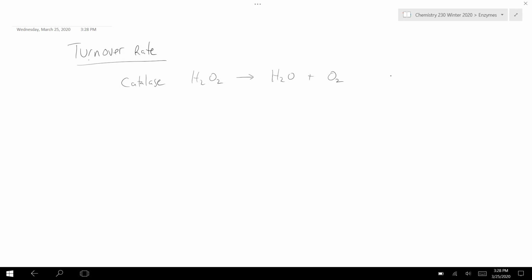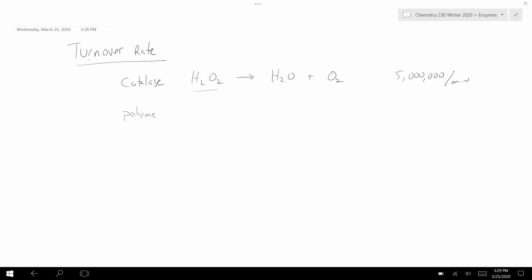But this can happen with a particular concentration of catalase at about 5 million molecules per minute. Now that is amazingly fast, right? That's unbelievable. But it's a small substrate, and it doesn't have to be really specific to make that happen. And hydrogen peroxide is pretty reactive.